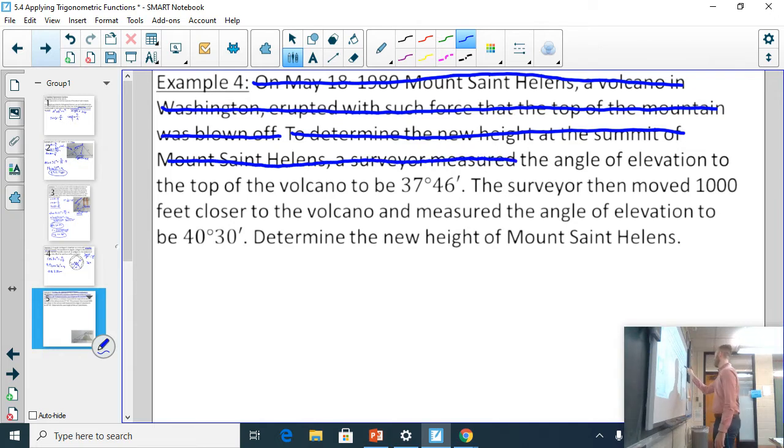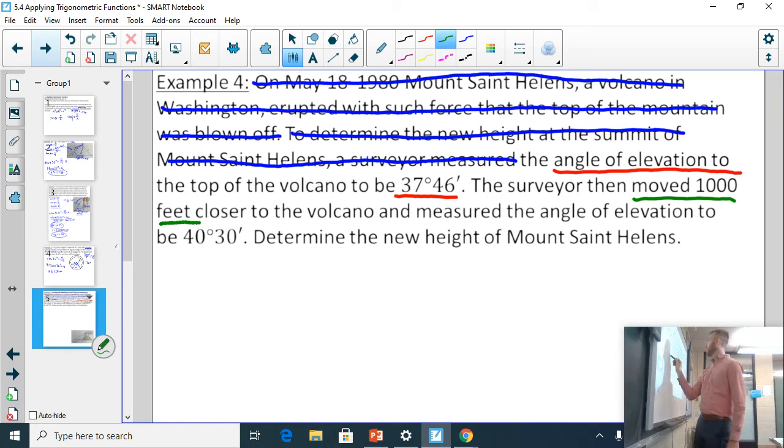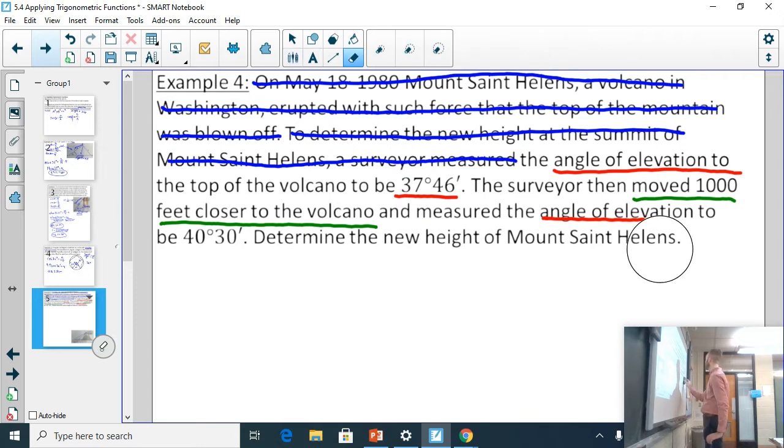This looks like it might be important. The angle of elevation to the top of the volcano to be 37 degrees, 46 minutes. The surveyor then moved 1,000 feet closer to the volcano and measured the new angle of elevation, or I should probably color code that with green.